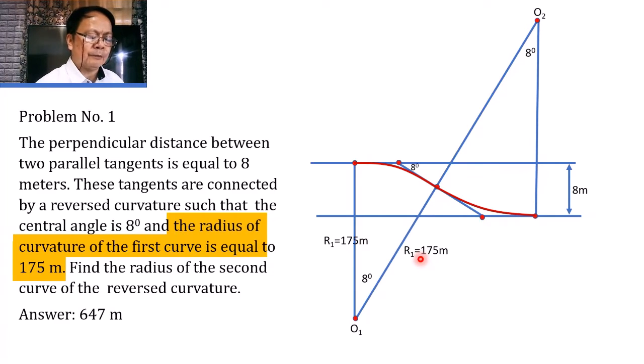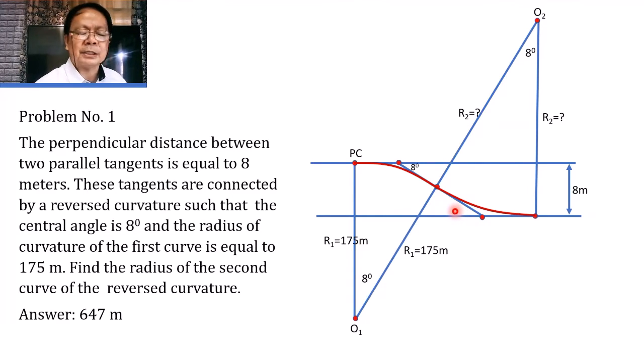And so from here, we are required to find the magnitude of the second radius of the curvature. In order for us to solve this problem, let us imagine defining the elements so that we have here our PC, our PRC, and our PT.